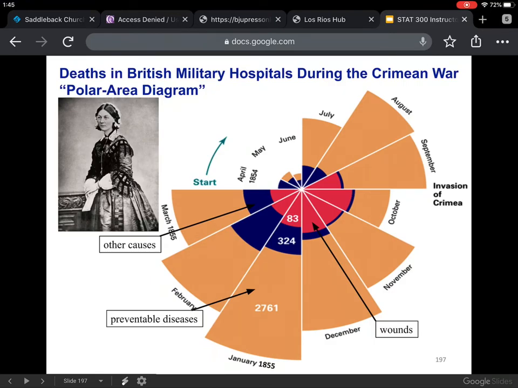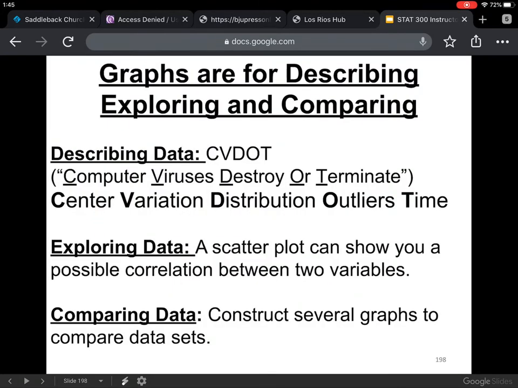And she created this polar area diagram and tried to convince people and other doctors to be very careful with how they are doing medicine and practicing their surgeries. So there are a lot of different ways of presenting graphs.